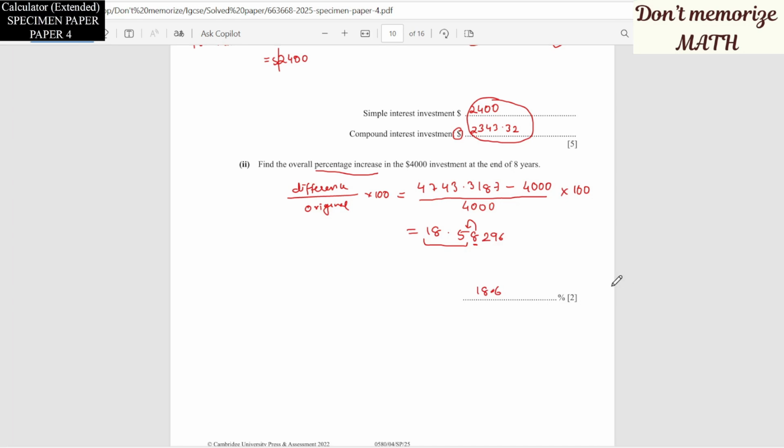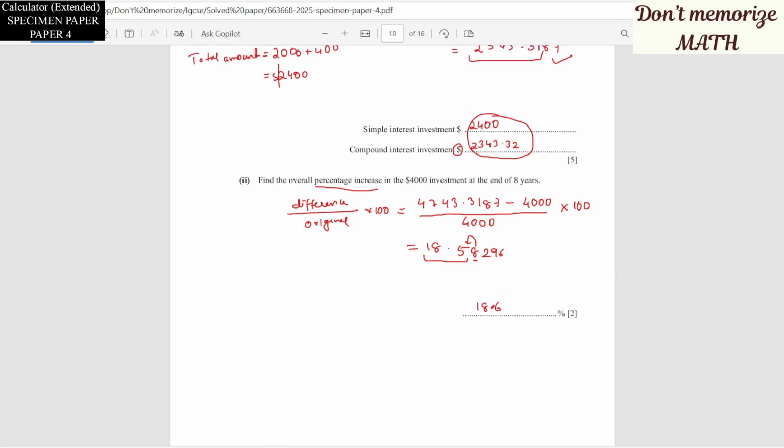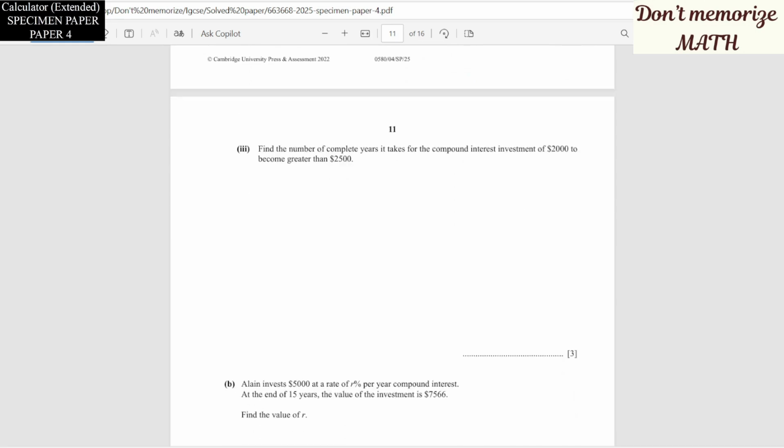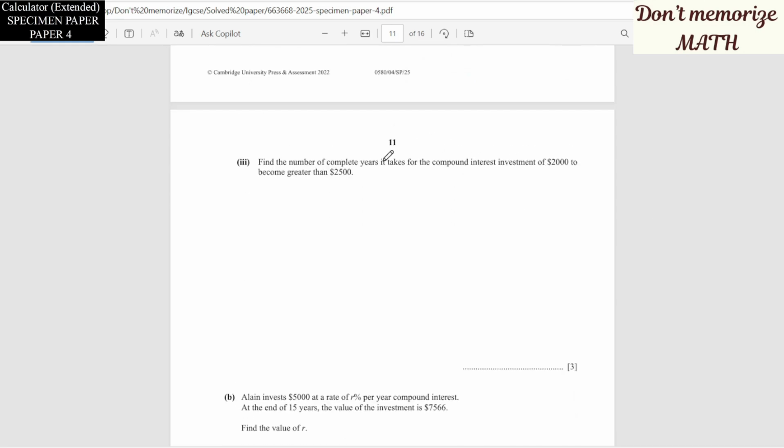I hope this question is clear. I think we have one more part. Find the number of complete years it takes for the compound interest investment of $2,000 to become greater than 2,500. We have to find the number of years, which is the small letter n.